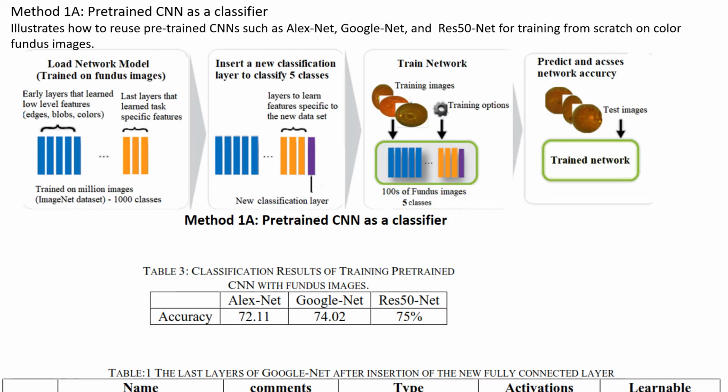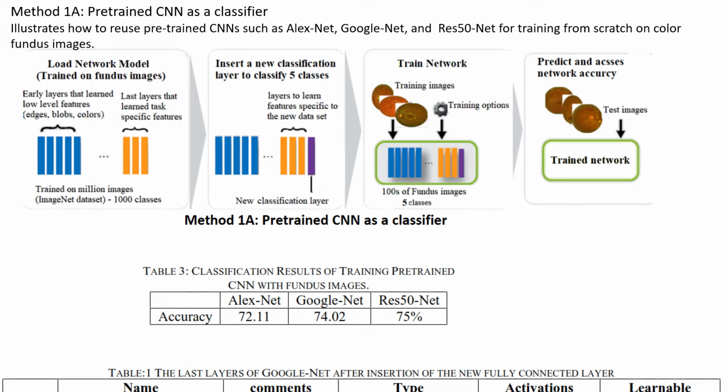First, using pre-trained CNN models for classification, I inserted a new last layer because I have just 5 classes. Most of the pre-trained models, like AlexNet, GoogleNet, and ResNet50, these 3 models classify input into 1,000 classes.